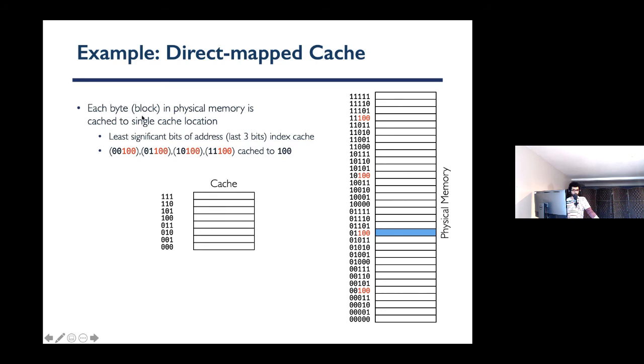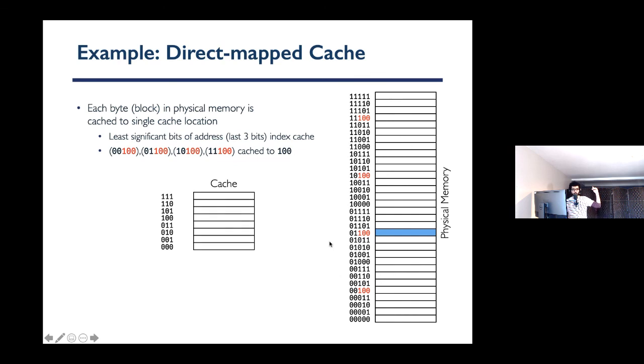So each byte in physical memory will be cached to a single memory location, because now my cache has basically 8 blocks. Because it's direct map, each block belongs to a set. So I have 8 sets, right? Now each memory location is going to go to one set.